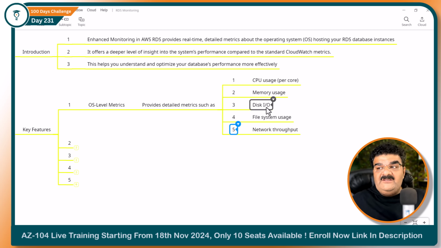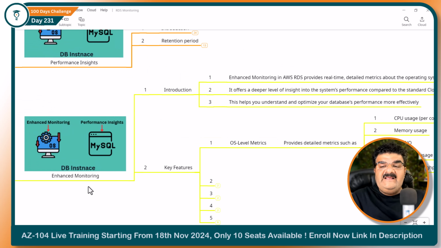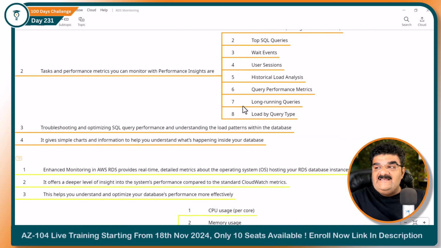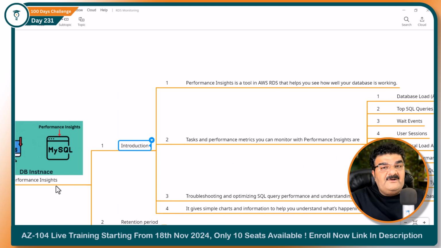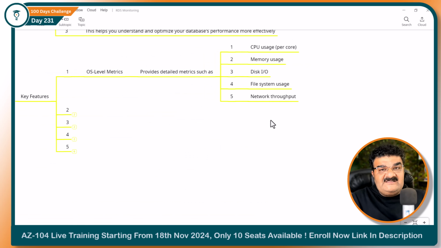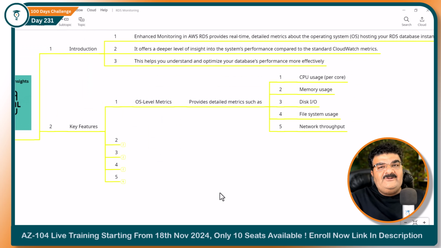When you look at these metrics, you will find the difference between Performance Insights and Enhanced Monitoring. Yesterday, we discussed the performance metrics that you monitor using Performance Insights. Look at this. All these are related to SQL queries. And look at the performance metrics that we have with Enhanced Monitoring. All these are related to the operating system.